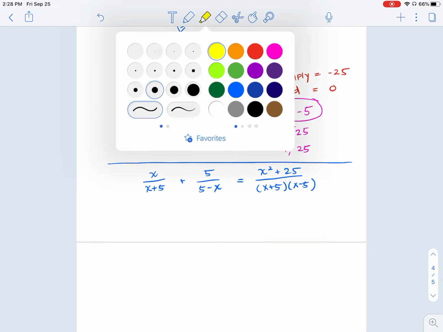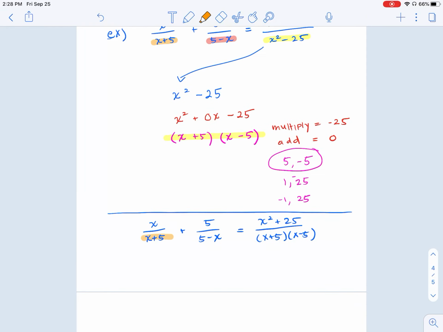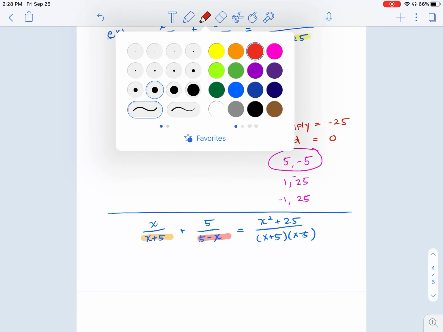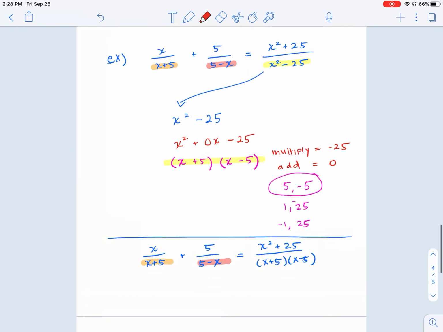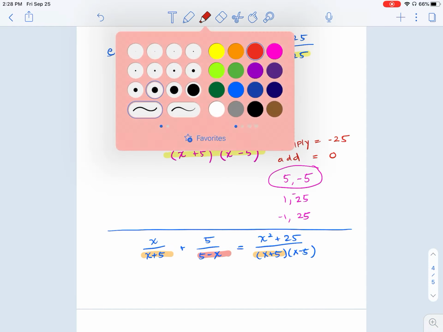So now that we see it like this, if I were to go back and highlight, you'll see that we have the x plus 5, and you'll notice that this looks a little bit different.